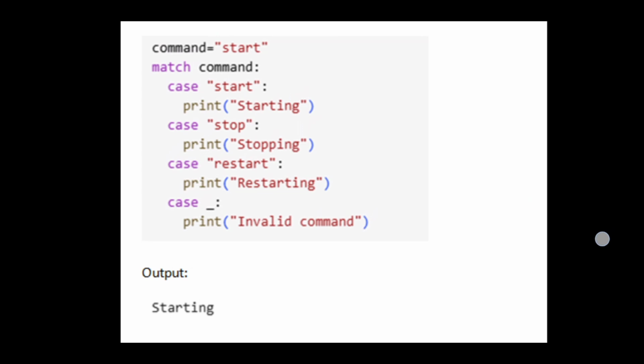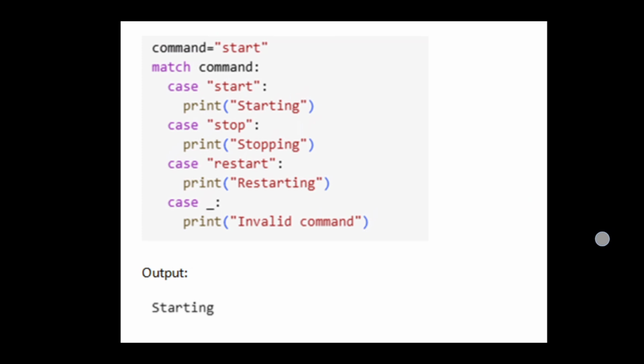Let us take one example. Command equal to "start". Start should be under double quote or single quote. Match command colon, case "start" colon, print "starting". Starting should be under double quote or single quote. Case "stop" colon, print "stopping".